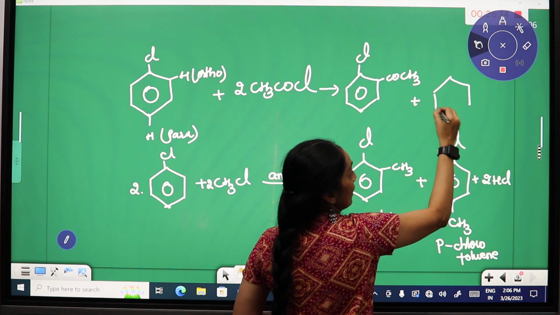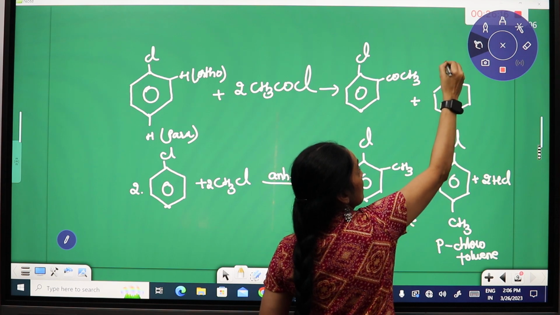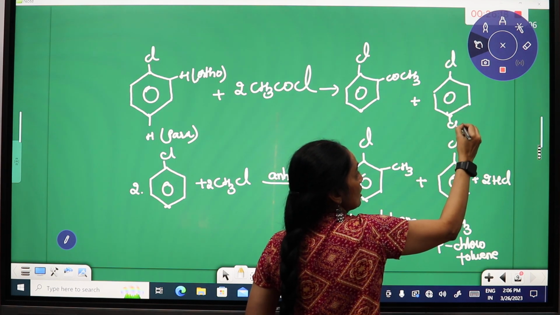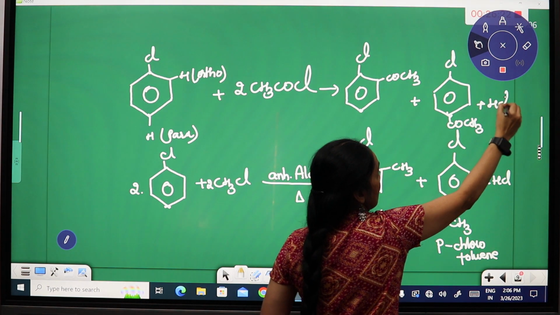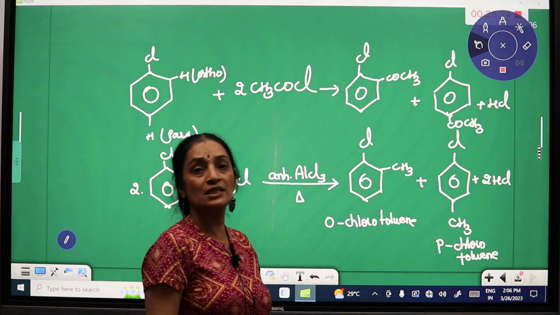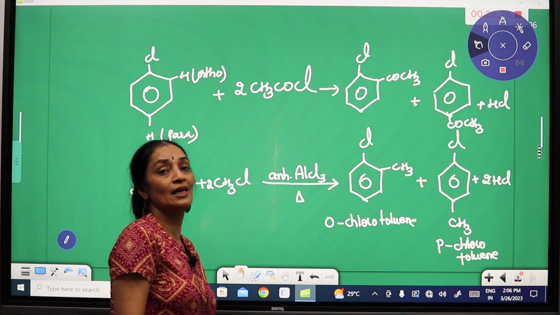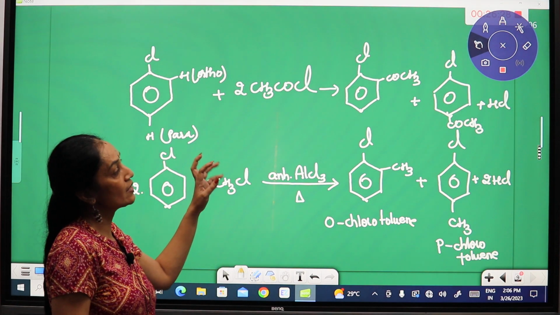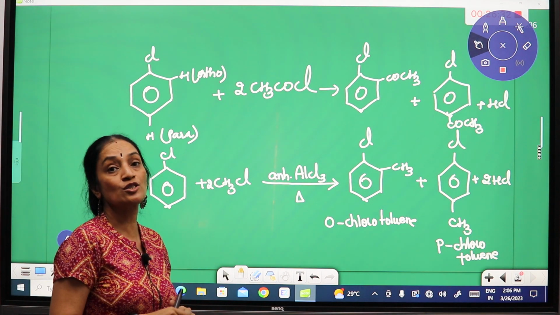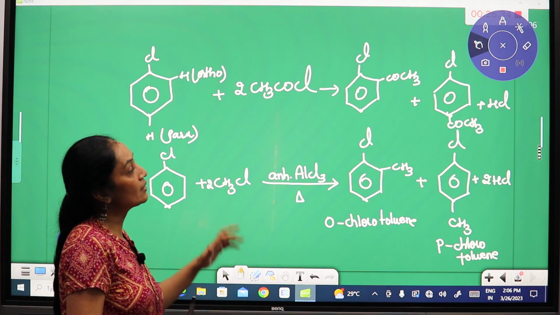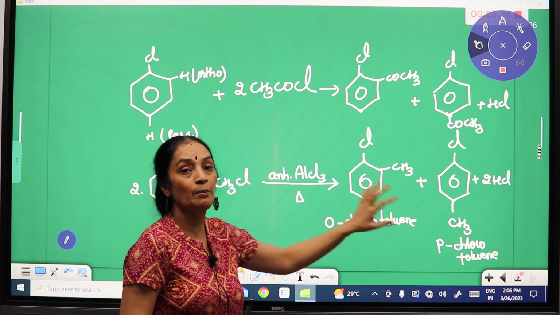Same thing you get in the para position, Cl here and COCH3 there, with elimination of HCl. So whichever chlorobenzene you take, since chlorine activates the ortho and para positions, we get the products to be ortho and para.